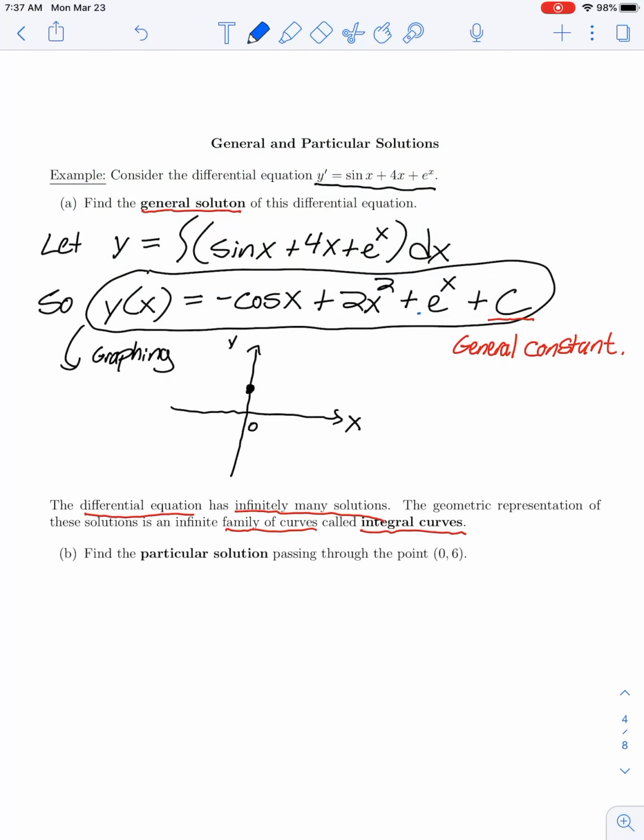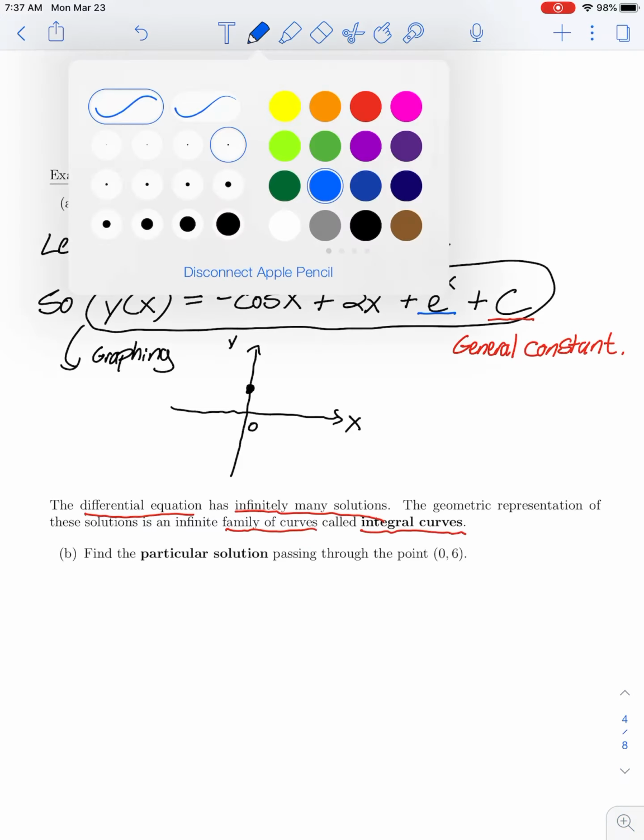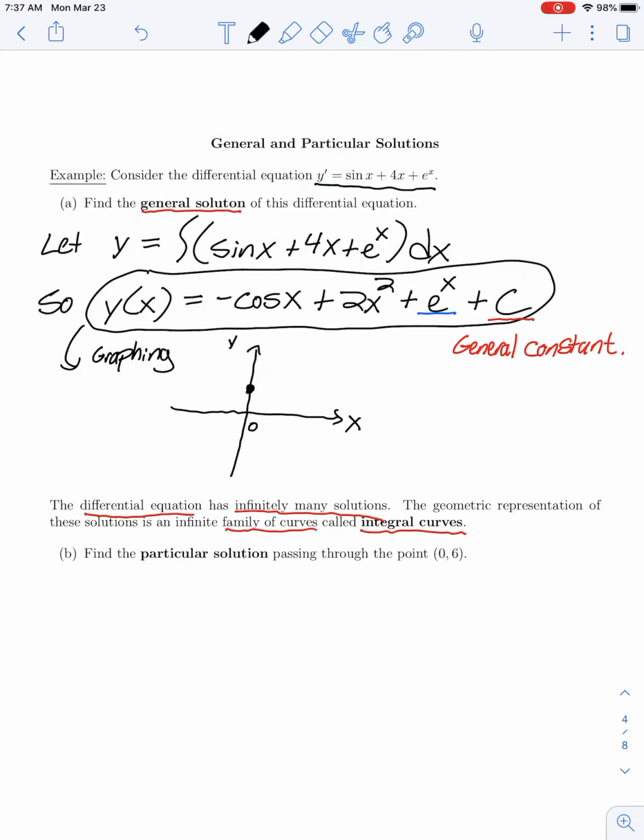And this last term in our solution, e to the x, dominates the growth of our function. So in general, this solution will pass through 0, c, and as x gets large, it looks something like exponential growth.